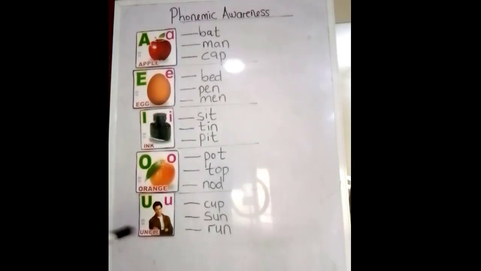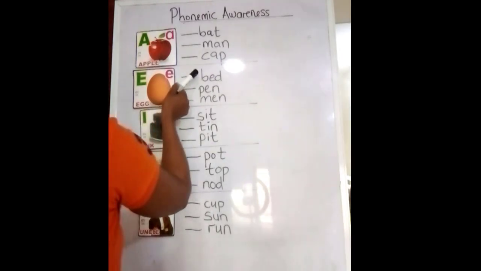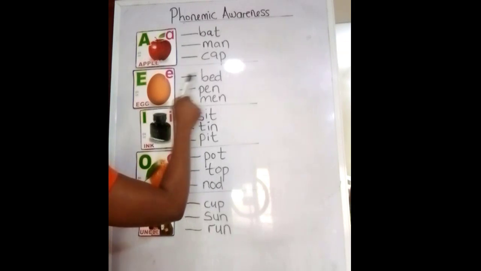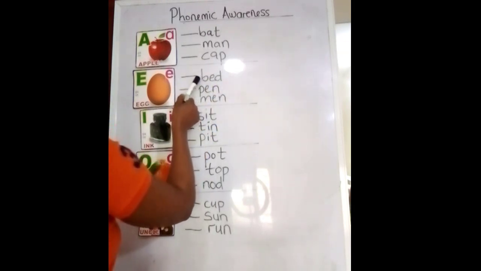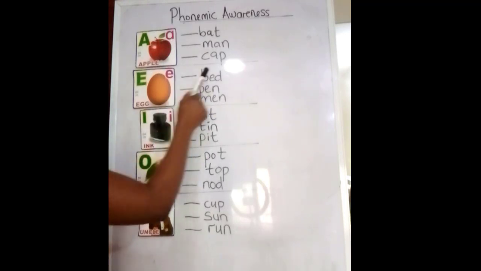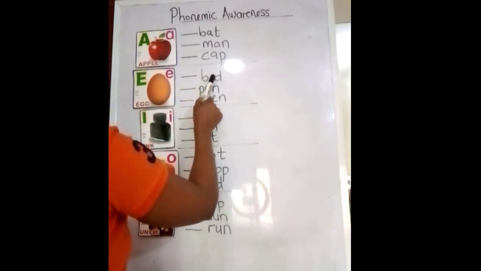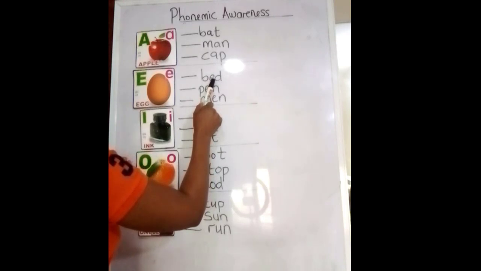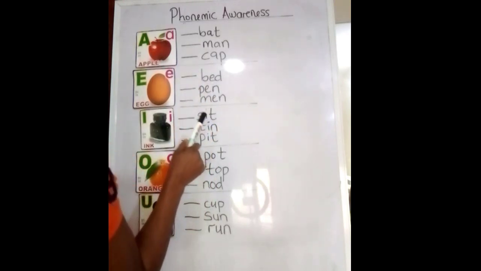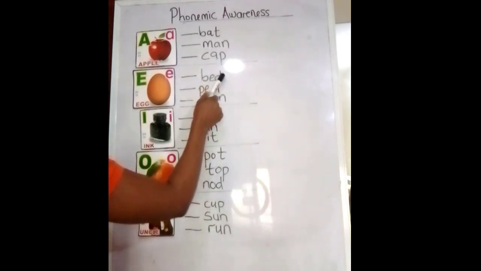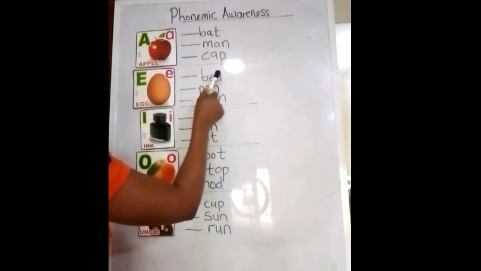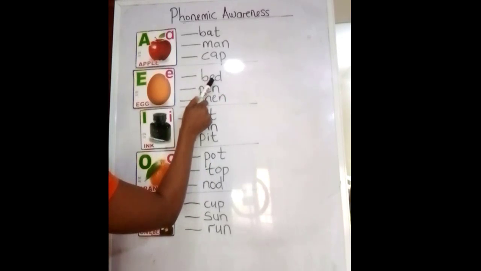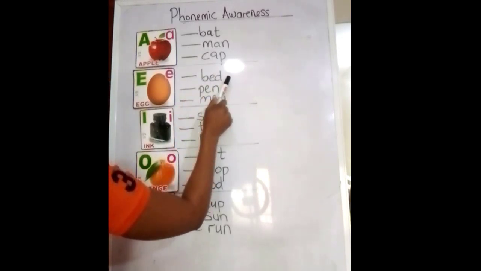So let's look at a few more examples. Here we have the word bed. Letter B, remember, makes the sound B. Then we have looked at the vowel sound of E, and the letter D we considered earlier as D. So you have B, E, D. You combine, you have bed.